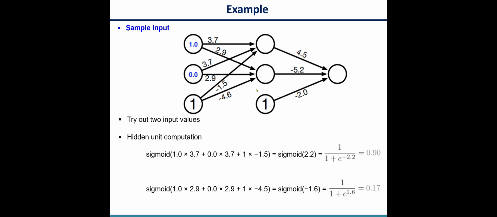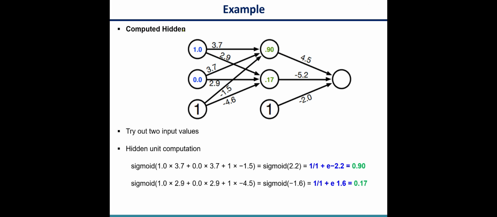Next we have the sample input. We calculate with two input values, the hidden unit computation power. We use a sigmoid: 1.0 multiplied with the 3.7 weight, 0.0 multiplied with the 3.7 weight, and this function. This way we calculate one by one each value of each function. So it comes like the computed hidden layer. When we compute this hidden layer, it gives 0.9, 0.17, 0 and 1.